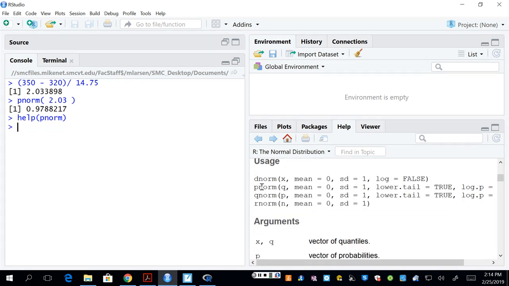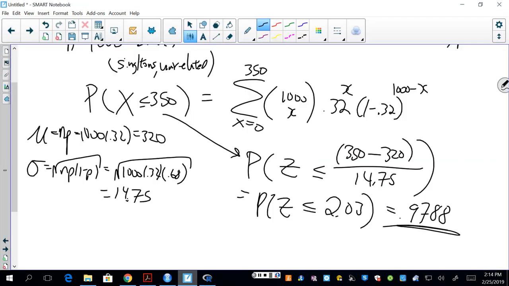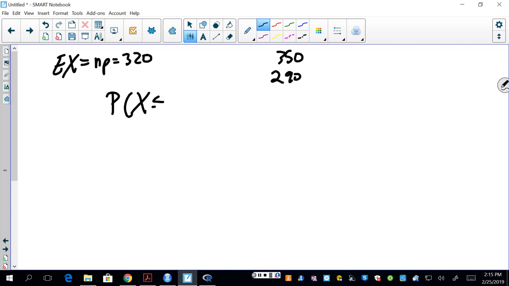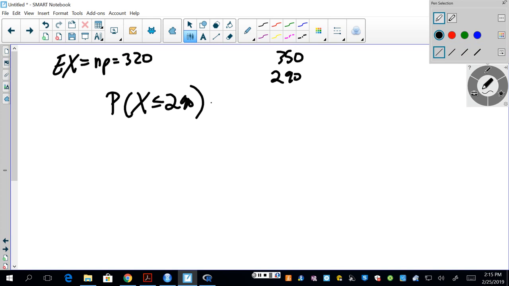Yes? Would it work for negative values? It works for negative values. So the average was 320. The expected value for this binomial, n times p, was 320. We had asked about 350. Now if we go the other direction, because it's symmetric, the chance that x is less than or equal to 290. Again, it's a z-score. If you z-score that, it's going to end up being negative 2.03.